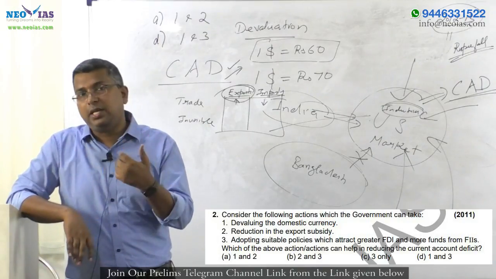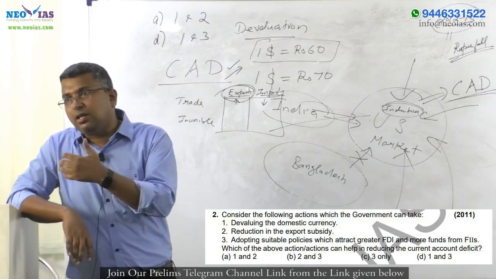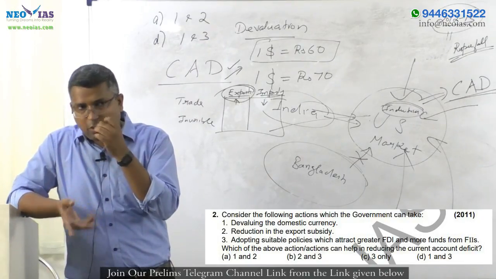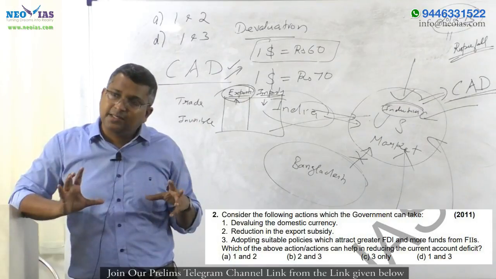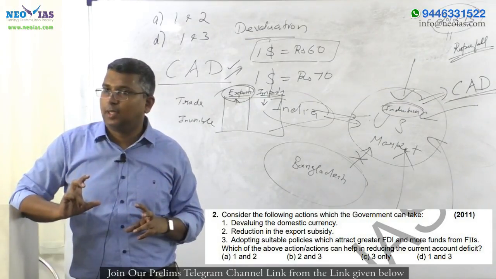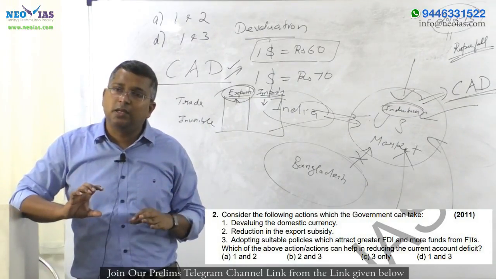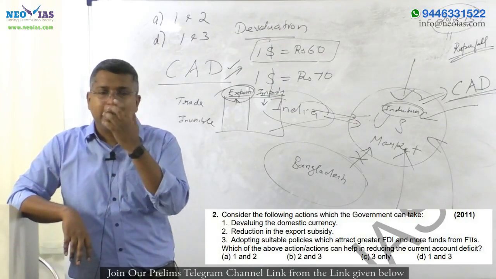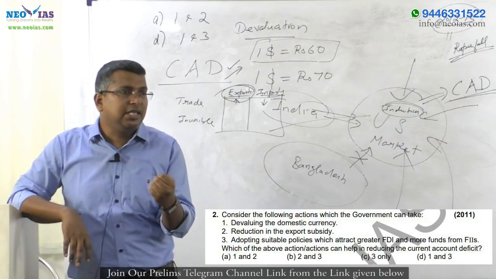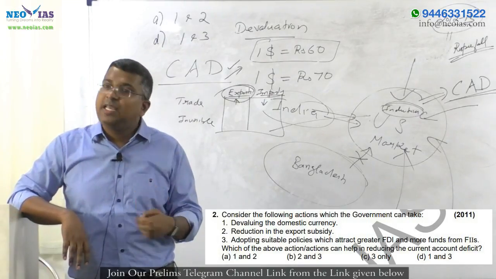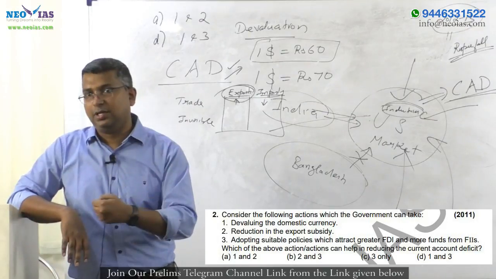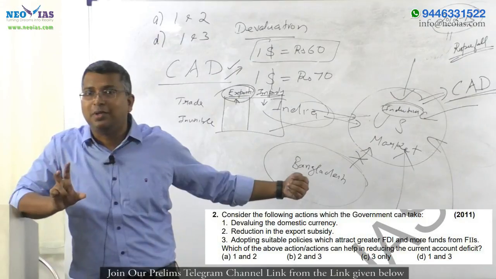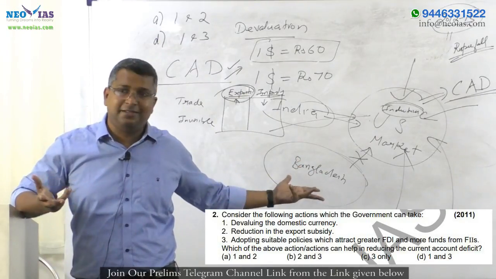Normally, when import becomes costlier, what will the importers do? Devaluing the currency is not only to promote export, it will discourage import. Now why in India are we not able to discourage import? Because only in oil we have this problem. Oil, we can't do anything.